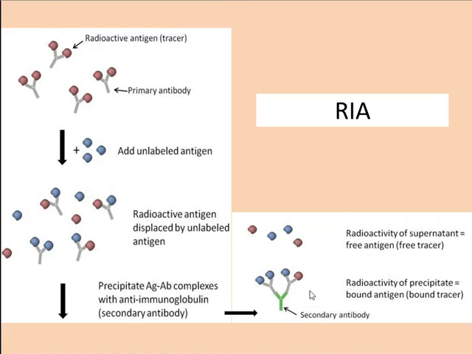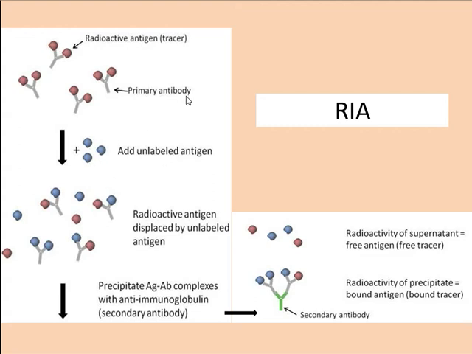You can also measure the radioactivity of the pellet or the precipitate, in which you will be getting the antigen antibody complexes. There is a correlation between the radioactivity measured and the amount of patient's serum antigen.